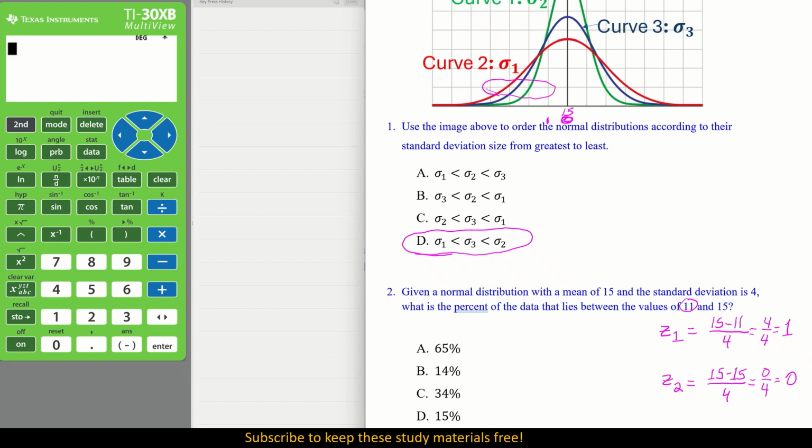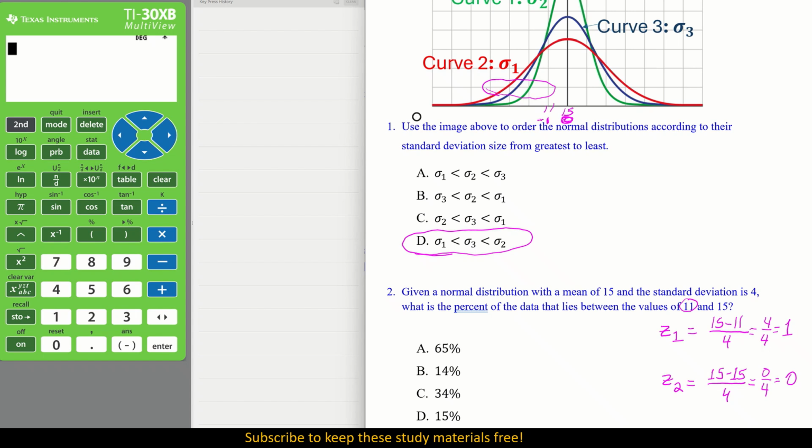Obviously that would actually be a negative, and 11 would be right here. So we are to the left of our mean. It doesn't matter if it's negative or positive. What you need to see is that you're one standard deviation away from where the mean is.